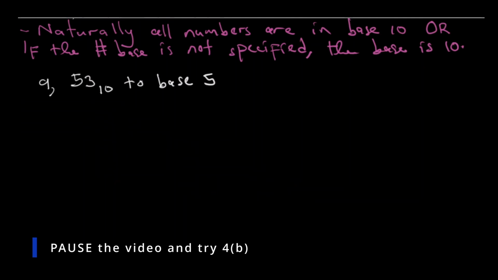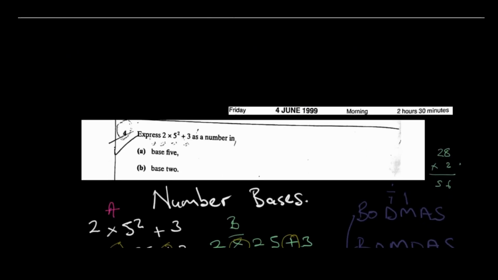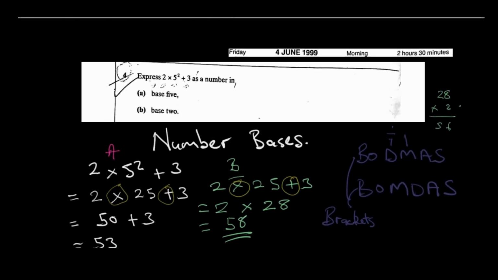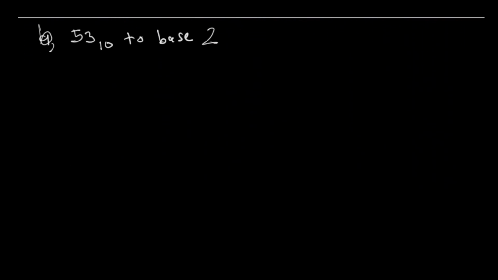Okay, so now we are going for B. So it's for B, and we are converting 53 base 10 to base 2. Doing so, we are doing the same operation.